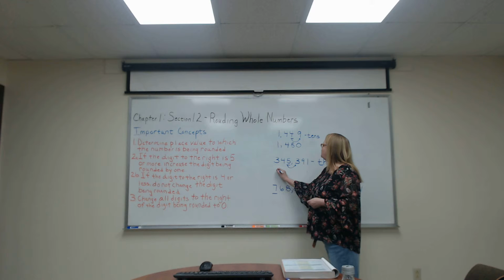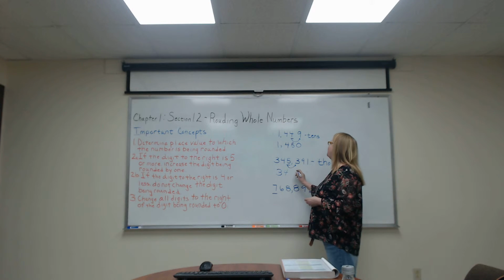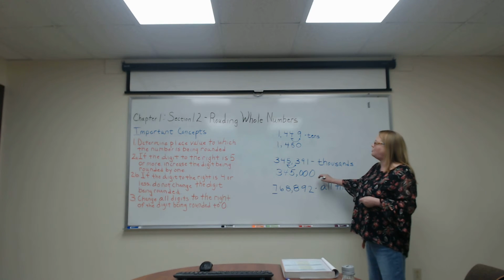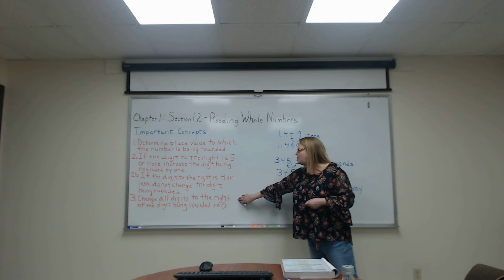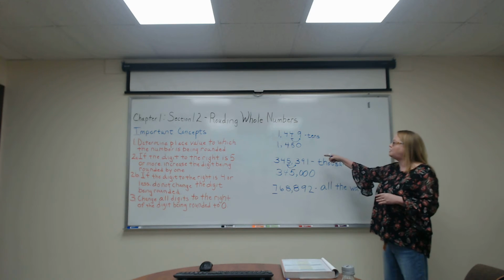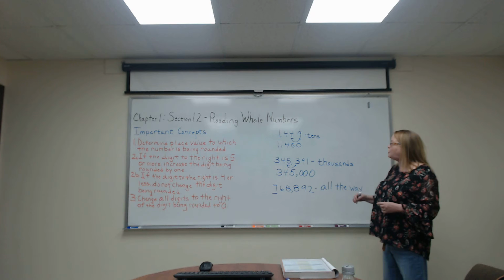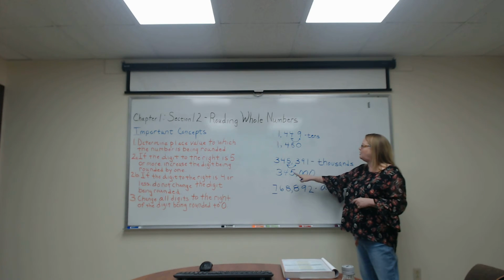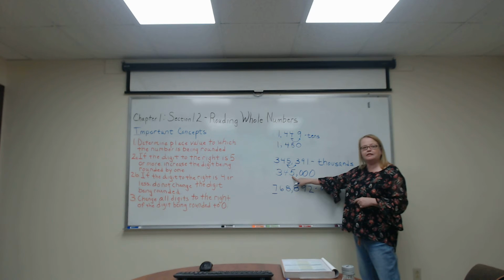So this number is going to round to 345,000. And again, notice we added our zeros, which is what we're talking about right here. We change all our digits to the right of the number being rounded to zeros, once we've figured out whether we are increasing the number being rounded or it is staying the same.